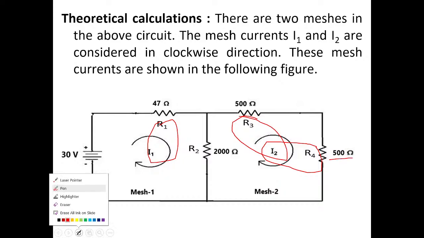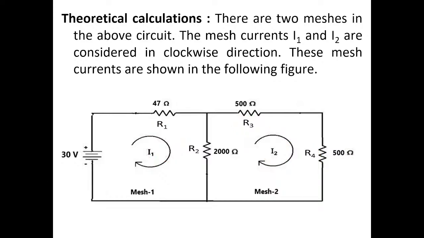Now, what is the current flowing through the 2000 ohm resistor? If you observe carefully, R2, that is 2000 ohms, is in between mesh 1 and mesh 2.